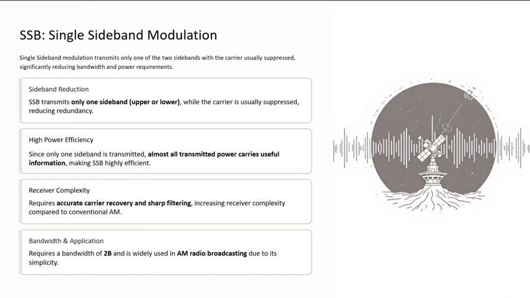So the bandwidth will be reduced and power efficiency will be higher. However, the receiver becomes complex because accurate carrier recovery and filtering are required. SSB is used where bandwidth and power saving are very important, such as long distance communication, where it can be helpful.